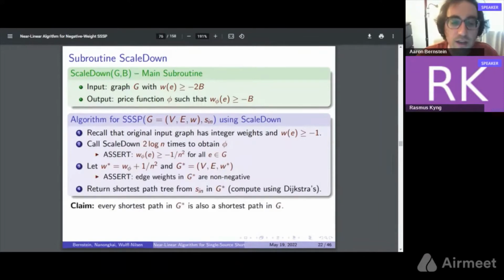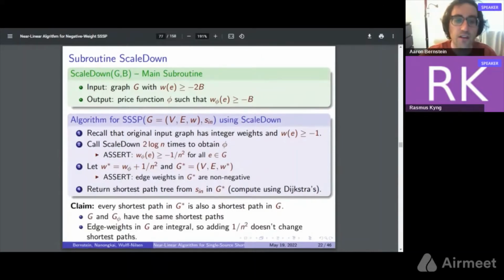So we need to claim that the shortest paths in this graph G star really are shortest paths. And this is easy to see. Basically, there are two arguments. The first is that G and G phi have the same shortest paths because all we've done is price functions. So we got to this graph G phi where all the edge weights were barely negative, bigger than -1/n², just by price functions, so the shortest paths are the same.